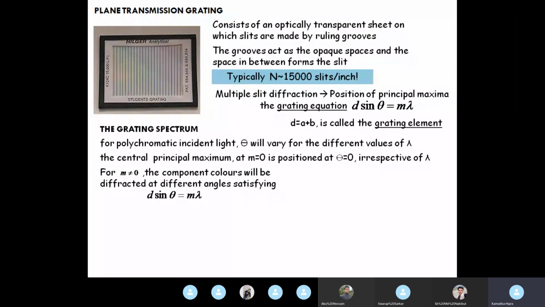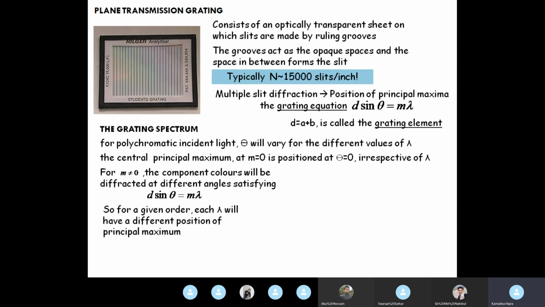They will be satisfying this relation in different manners. So they will be diffracted at different angles, satisfying this grating equation. So for a particular order, for a particular value of m, each lambda will have a different position of the principal maximum. Is this clear to everybody?